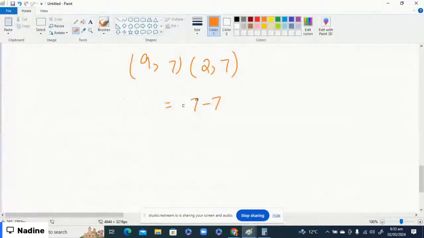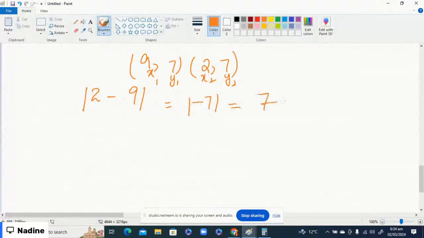This one is x1, y1, this is x2, y2. So what is the x coordinate? This one, 2 minus 9. What is the absolute value? This is -7, and the absolute value of -7 turns into plus 7. Understand? In this way we are going to solve the distance between the 2 points.